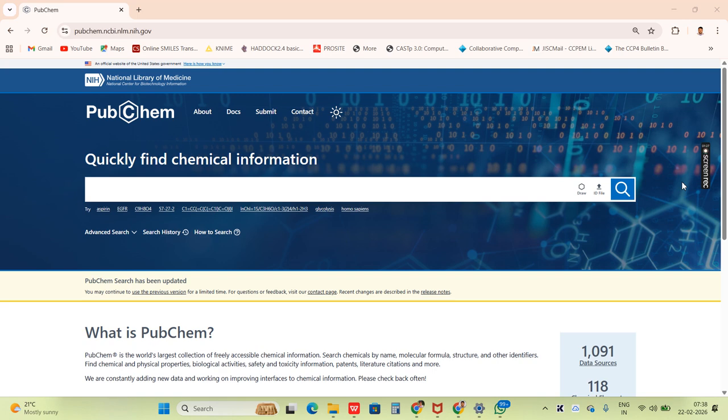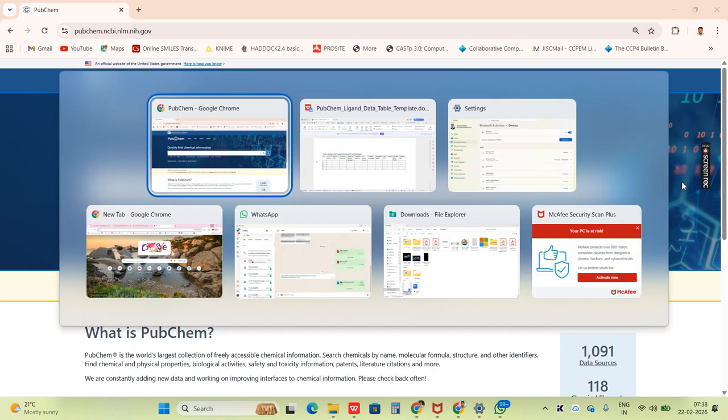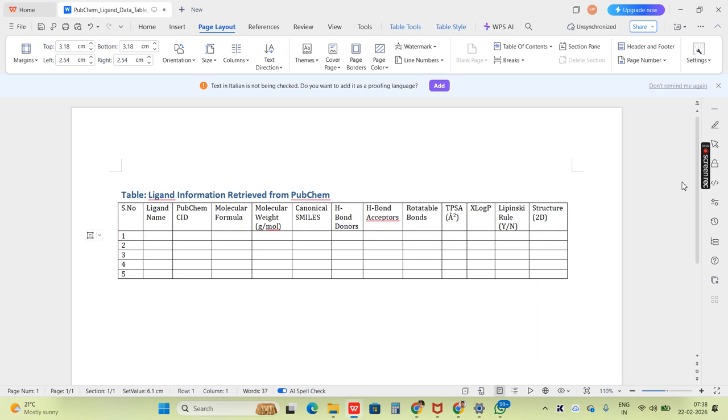So what data are we going to collect? Whenever you are collecting information about any small molecule, irrespective of its source, you need to collect the name of the ligand, the PubChem ID, molecular formula, molecular weight, canonical SMILES, hydrogen bond donors, hydrogen bond acceptors, rotatable bonds, TPSA, total polar surface area, and XLogP, which talks about lipophilicity, and then the Lipinski rule of 5, which talks about the drug-like properties of a small molecule, and the structure of the molecule in 2D format, so that you can paste it here.